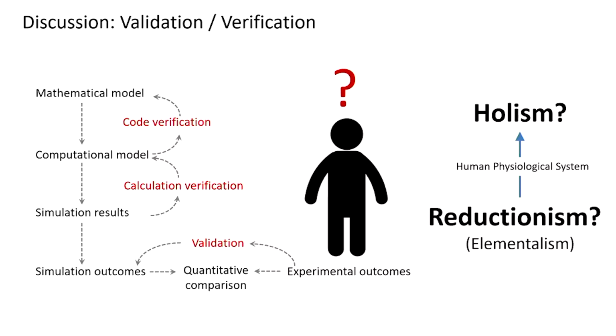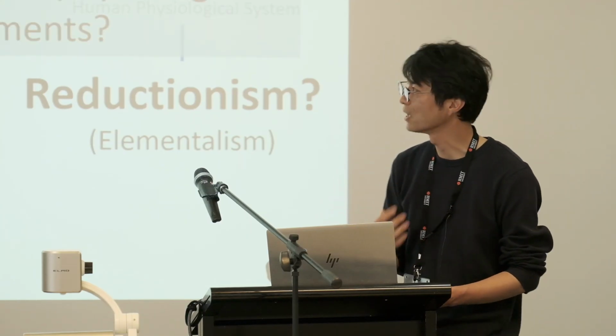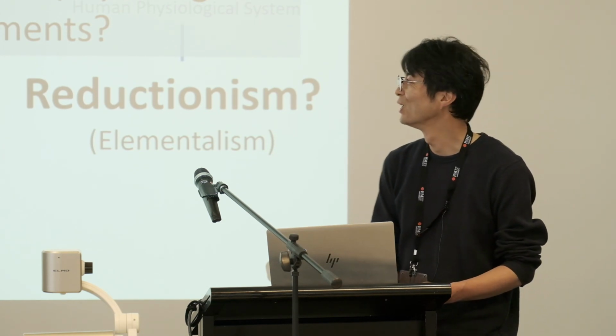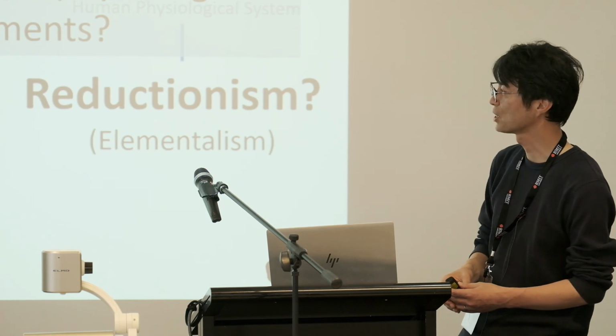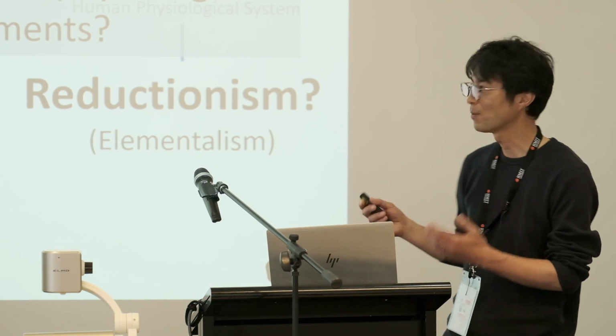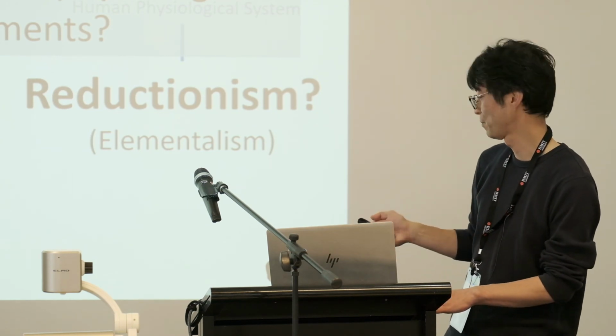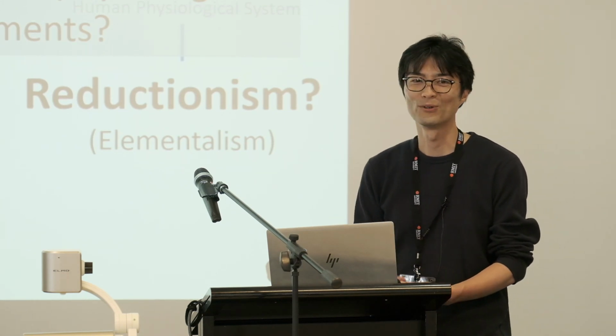But I suppose the total human body is so complicated that it is very difficult to set a reasonable validation procedure for the simulation outcomes. Furthermore, I'm facing a very fundamental simple question: can we reproduce the complicated human physiological system by integrating the individual elements? Maybe this is an essential and critical question for me, but unfortunately now I have no idea.